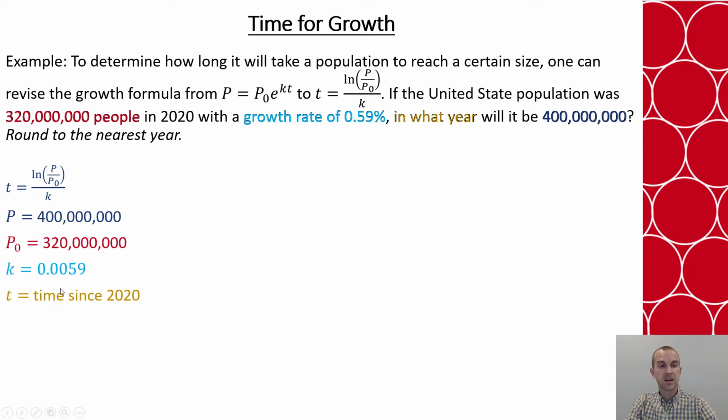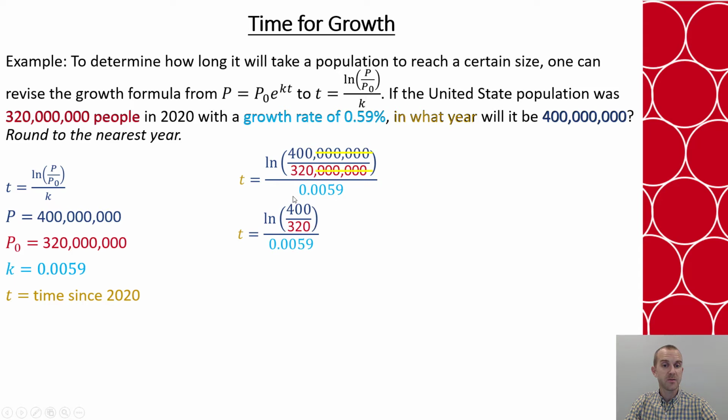So I'm going to substitute in what I have. So 400 million divided by 320 million, I'm going to take that natural log and then divide that by the 59/10,000s. So I can simplify and say I'm really looking at 400 divided by 320, which is a little bit easier to write in my calculator and simplify. And that'll give me about 0.223144 over 59/10,000s.